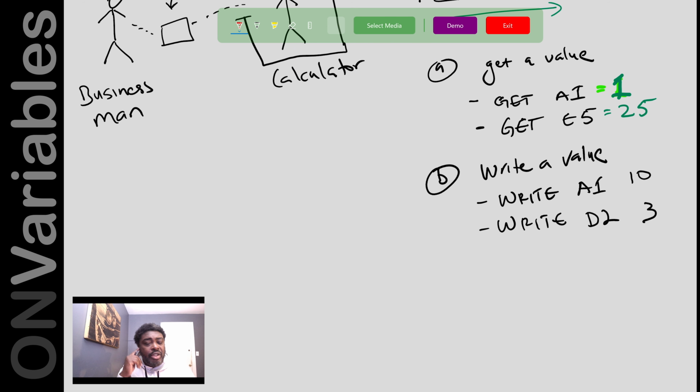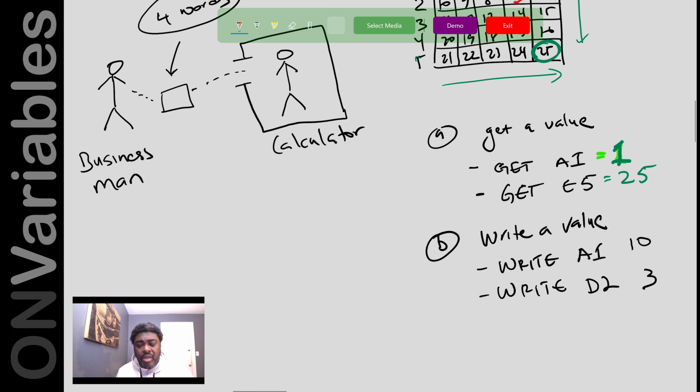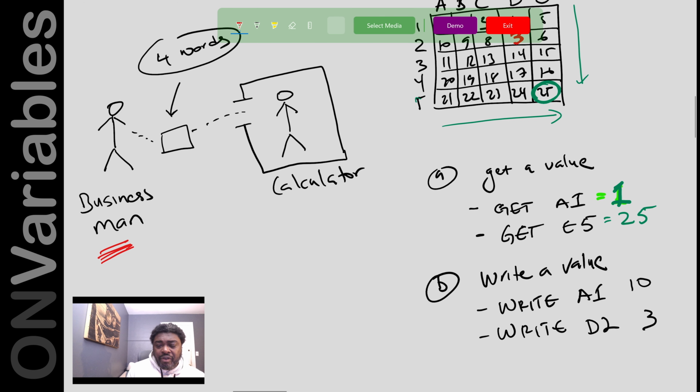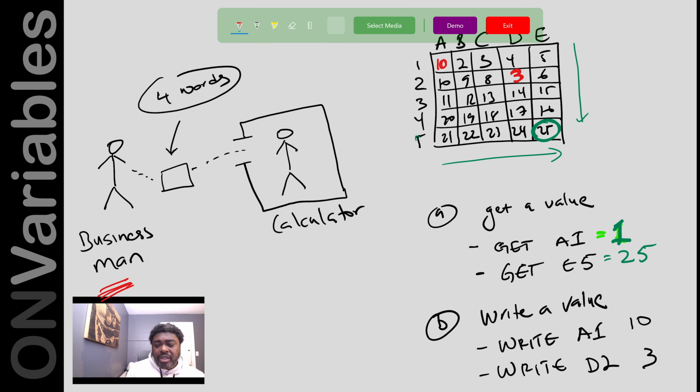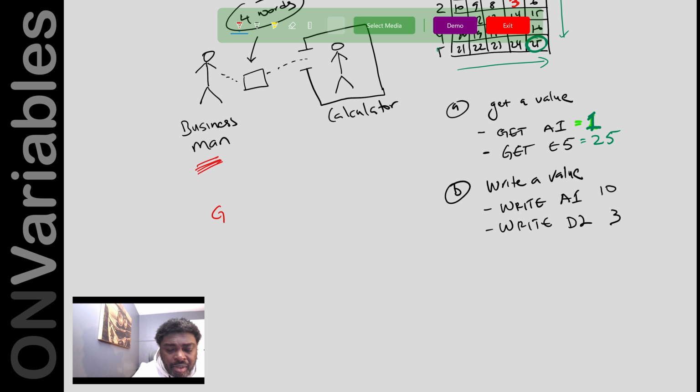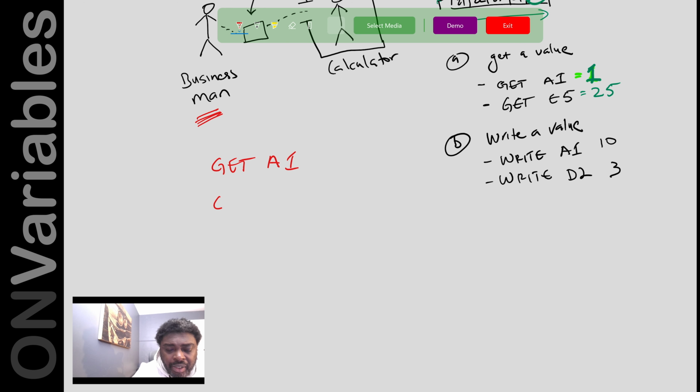Then you need a way to do calculations. So normally, as it stands, the businessman would be the one doing the calculations. Because if I wanted to add what is in A1 to what is in E5, I would write get A1, then I would write get E5, right?